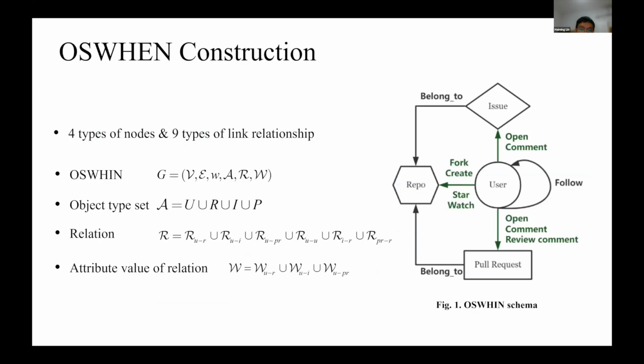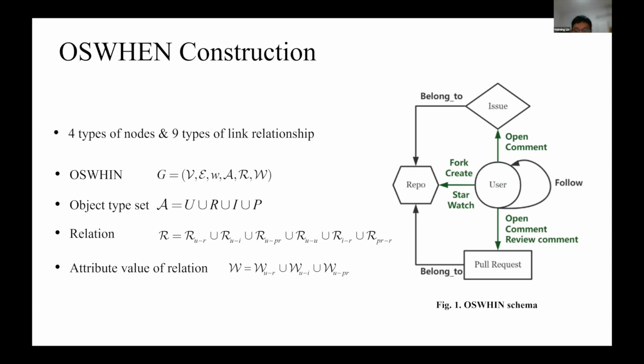And back to the point, in order to accurately model the weighted heterogeneous open source information network in the project recommendation scenario, we comb through the open source collaborative development process based on the GitHub platform and analyze the GitHub public event stream data.